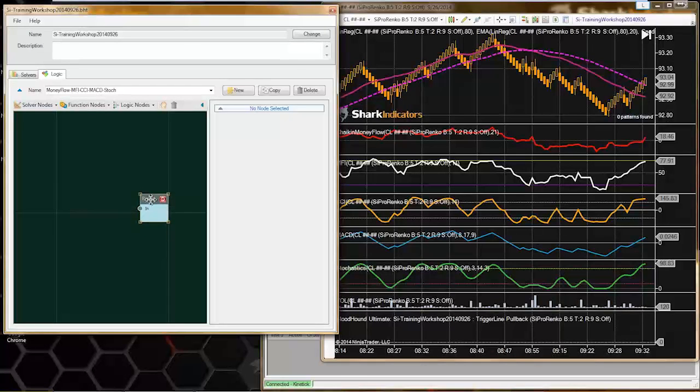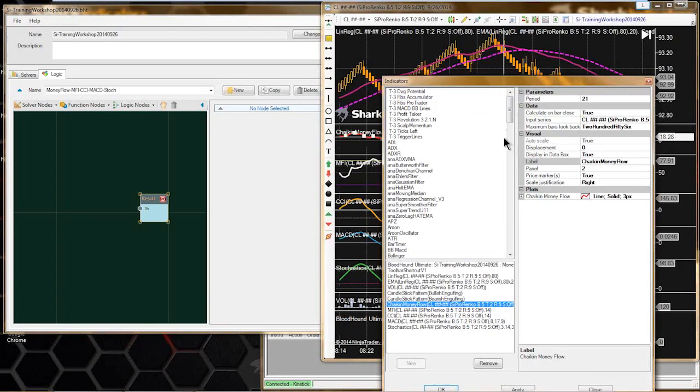Okay, so the money flow. We want it to be over or under 0. So we want to know if it's above or below 0.